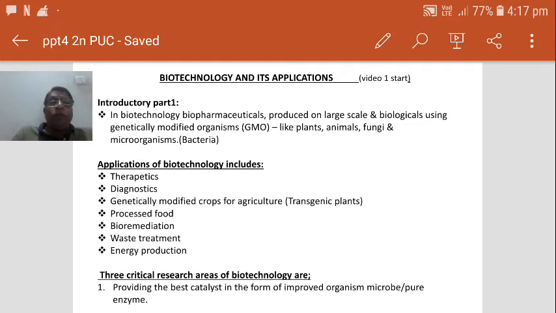Diagnostics also. Using biotechnology, we may identify the disease. Later on, you will come to know one technique is there, the PCR technique. Using PCR technique, we can identify the cancer at the earliest stage.